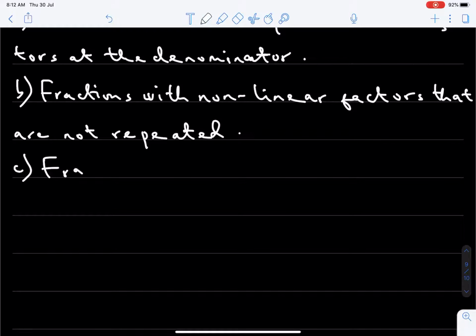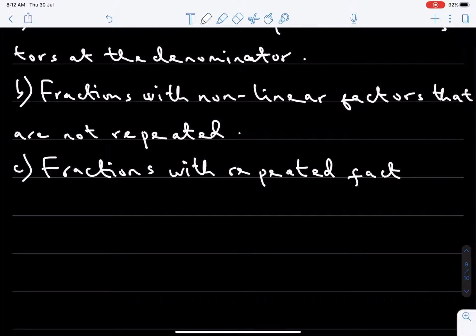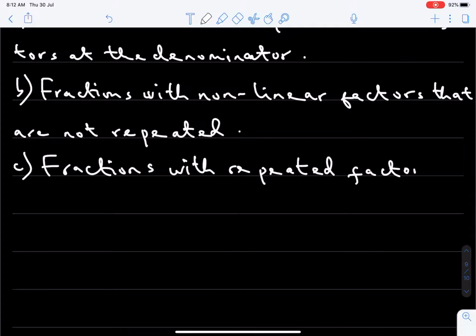C, fractions with repeated factors, linear or non-linear.